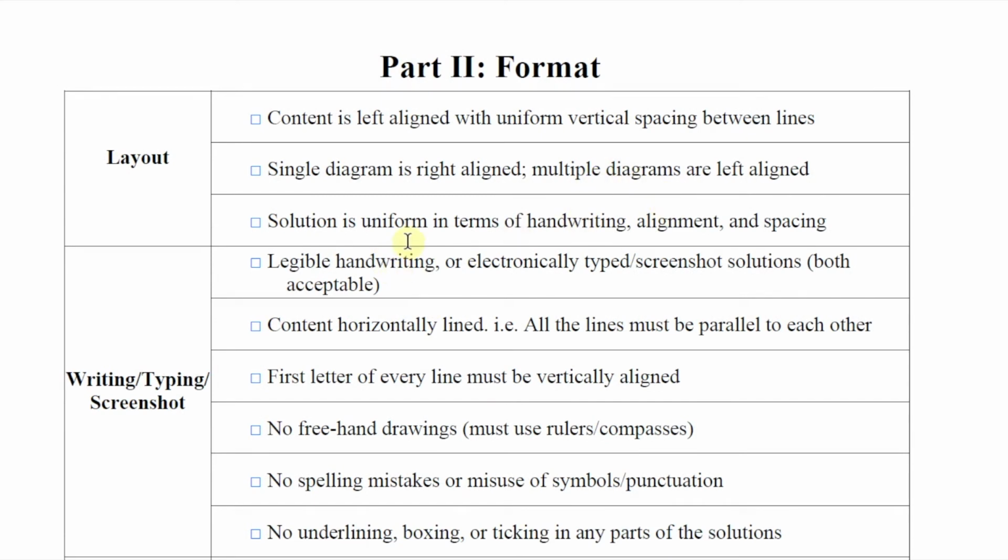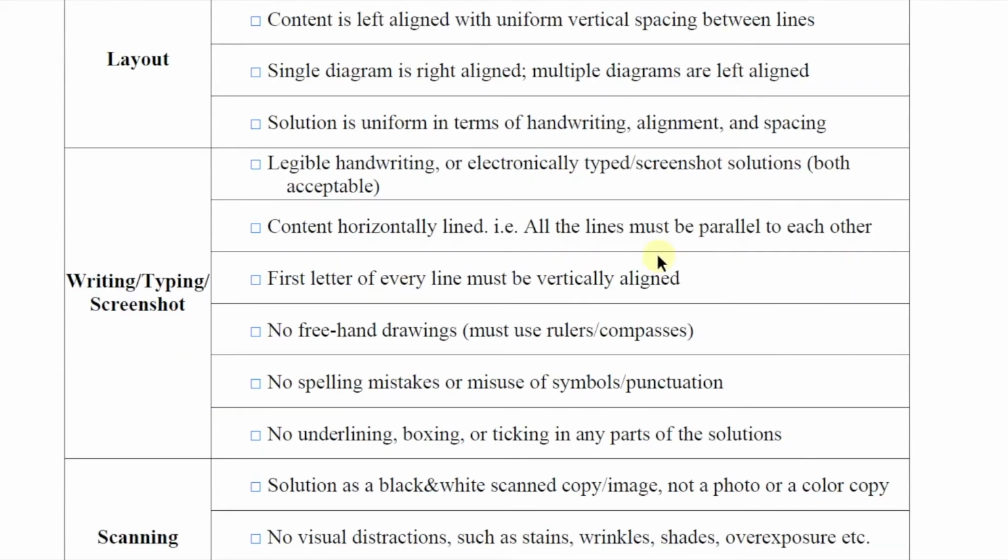The solution is uniform in terms of handwriting, alignment and spacing. We have specifically written writing, typing and screenshot because all these categories of answer are accepted. Legible handwriting, electronically typed or screenshot solutions are all acceptable. Content must be horizontally lined, that is, all the lines must be parallel to each other.